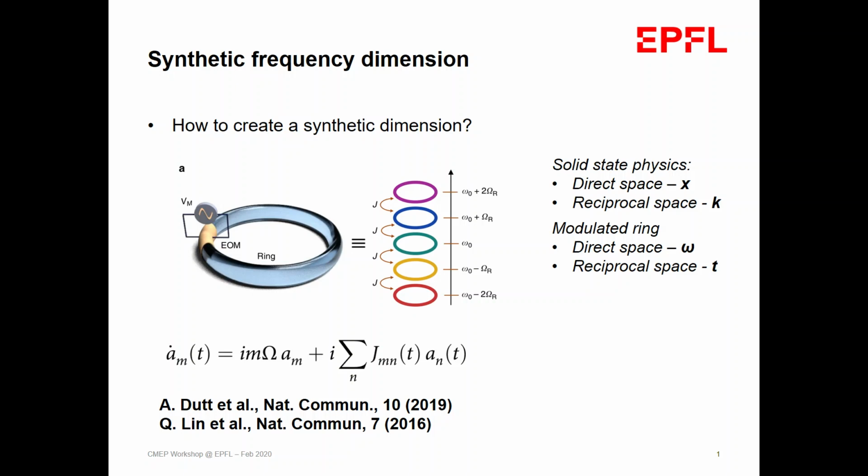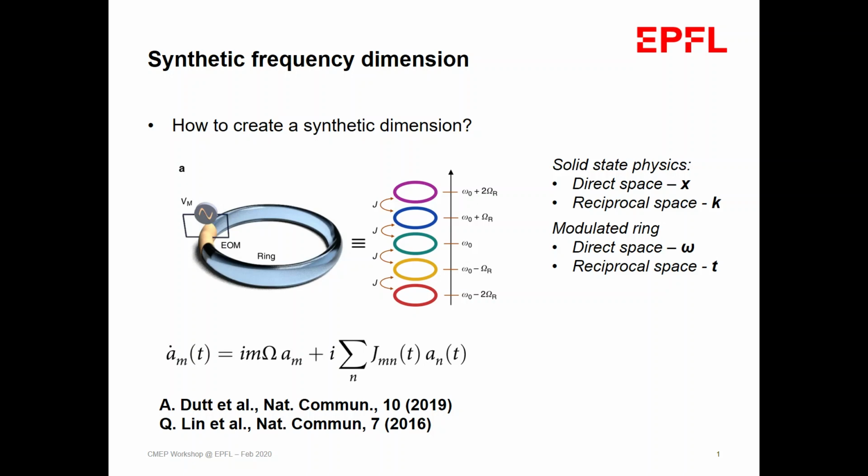One of the ways to create such a dimension is to take a ring resonator, put a phase modulator in it, and apply voltage at a frequency of about 1 FSR or 2 FSR, so just a resonant modulation.